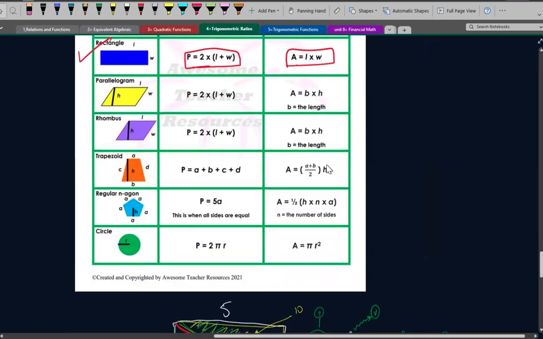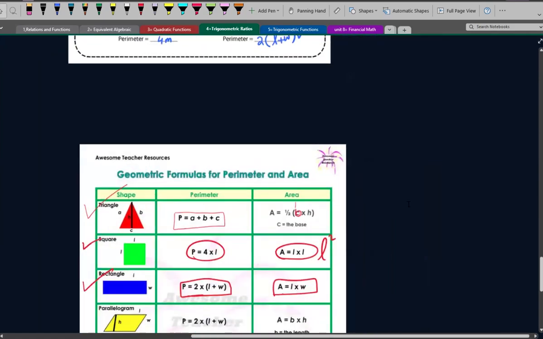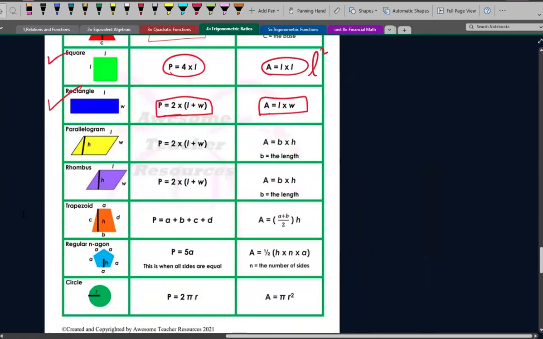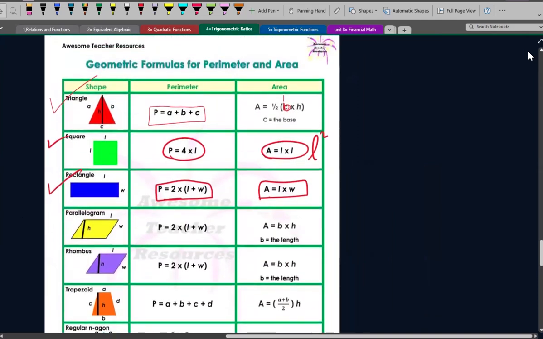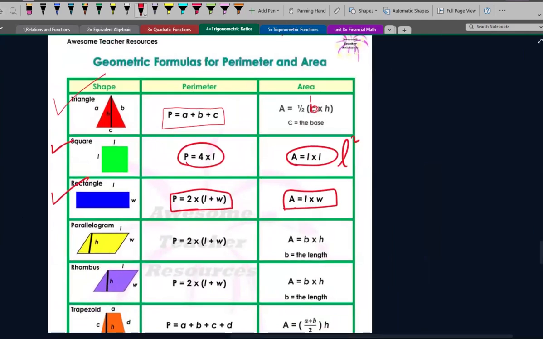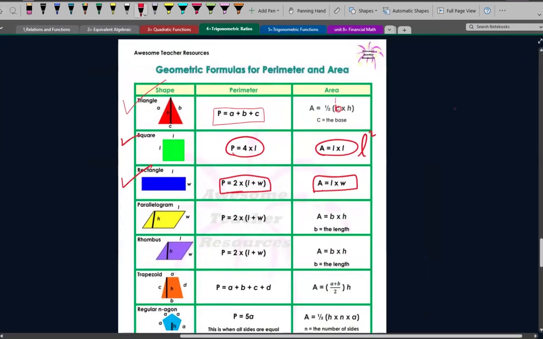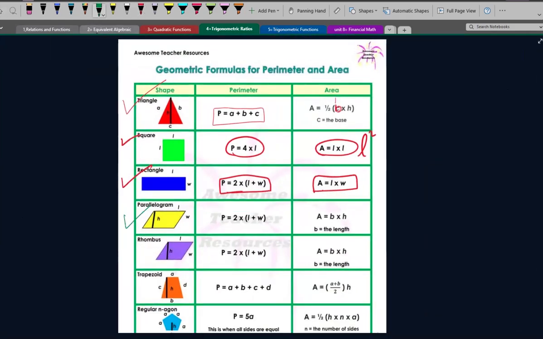In our next class, I want you to make a formula sheet on an A4 size page, and make some columns and some rows. We will be covering parallelogram, rhombus, and trapezoid in our next sessions, and we are not going to cover the last one.